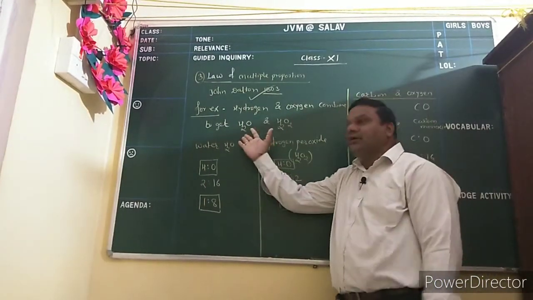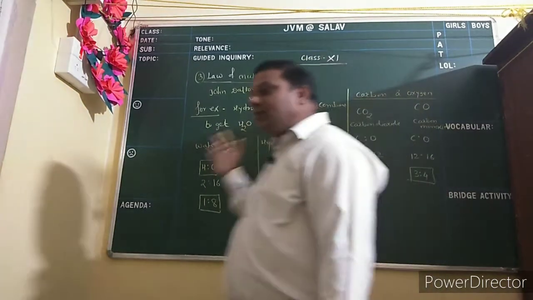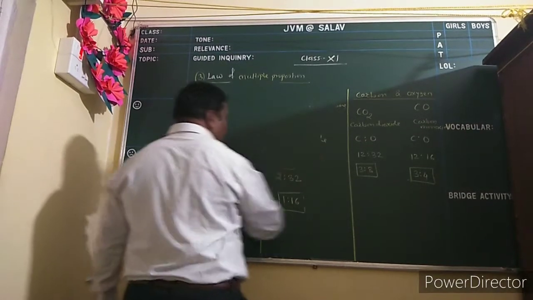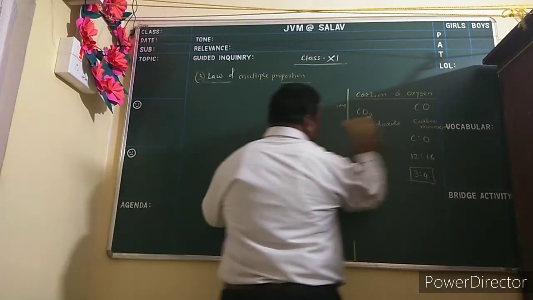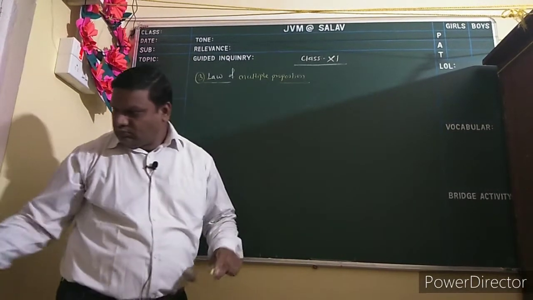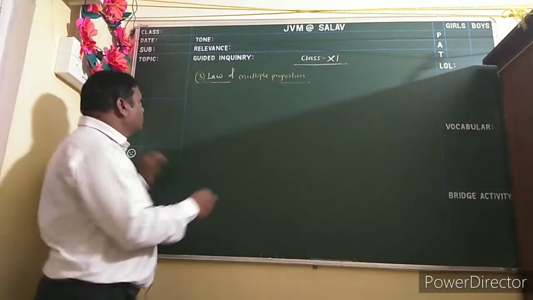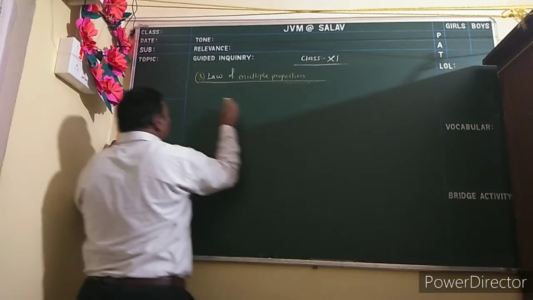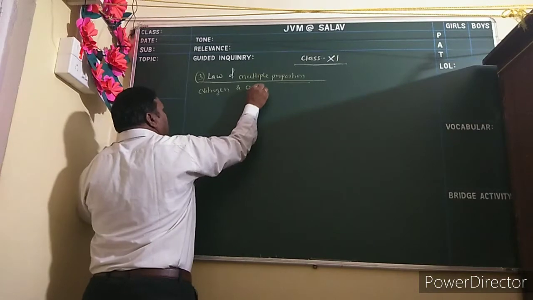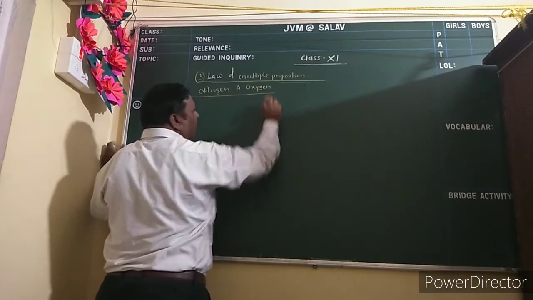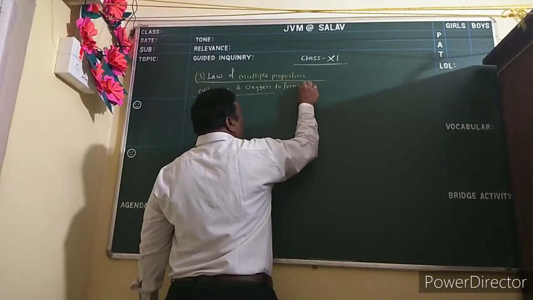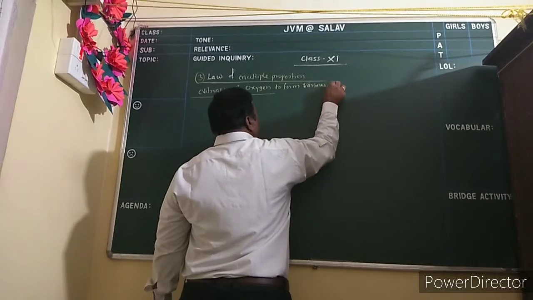So now we have taken the examples hydrogen and oxygen, carbon and oxygen. Again we take another example, listen: nitrogen and oxygen. Nitrogen and oxygen form various oxides.